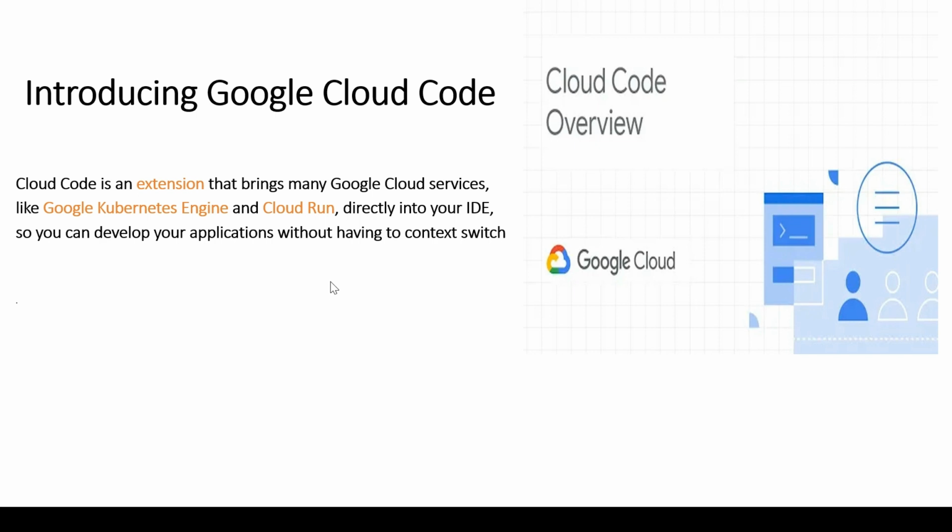It is basically hassle free. Cloud Code is a set of tools designed to make the developer journey smoother, faster, and more efficient. Whether you are building Kubernetes and Cloud Run applications, or creating APIs using Apigee, Cloud Code has your back.